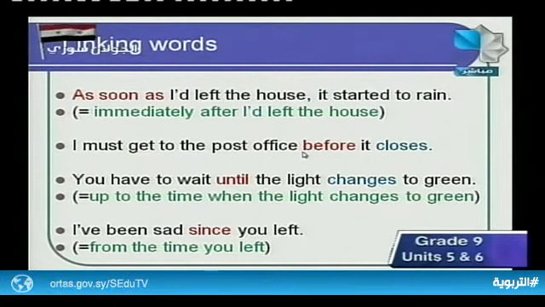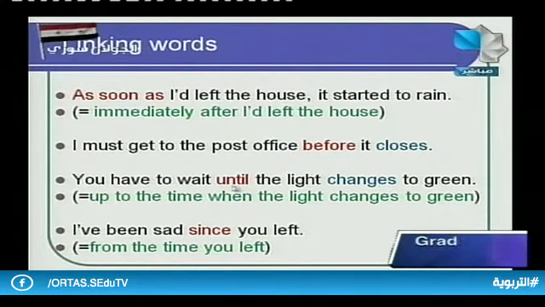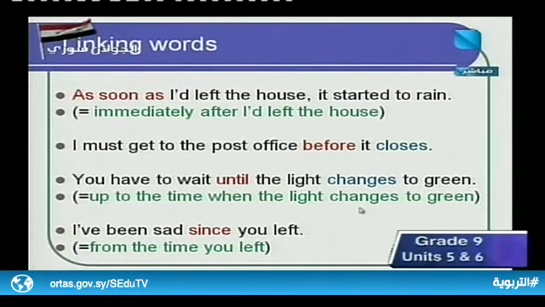This is another linking word related to time, which is before. Another example, you have to wait until the light changes to green. We have here until, up to the time when the light changes to green.